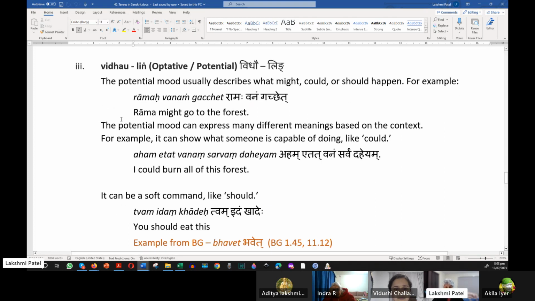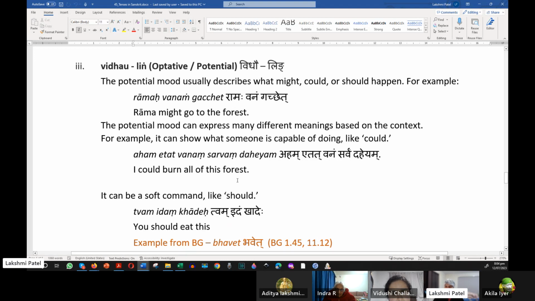Tvam khadeha. You might eat. Or it can also become a general, see, you should eat. So it's a gentle command. Not you must eat. In which case it becomes khada. You're not saying khada. You say khadeha. Khadeha means should eat.